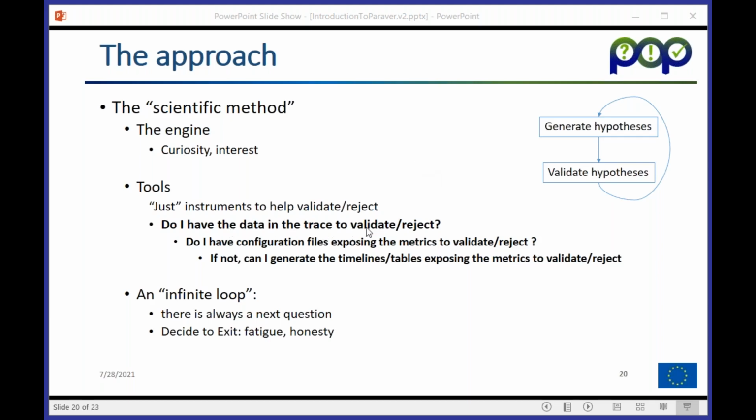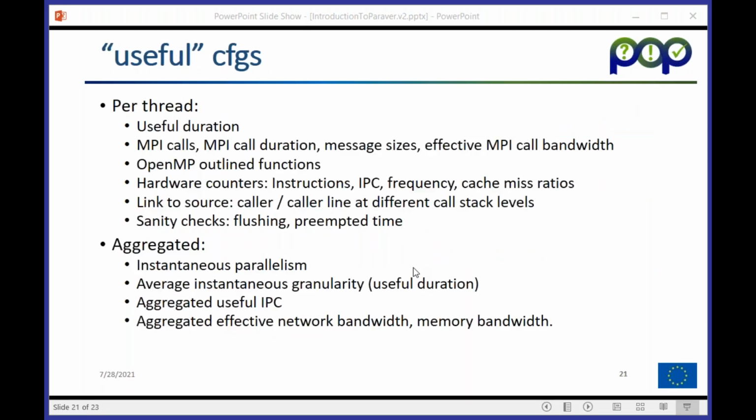If you have enough data in your trace to verify those hypotheses, the tool should be able to squeeze that data and obtain it, either by using the configuration files that we provide or by developing your own configuration files in case of very advanced needs. We do provide, as I said, configuration files to display many metrics that may be of relevant interest.